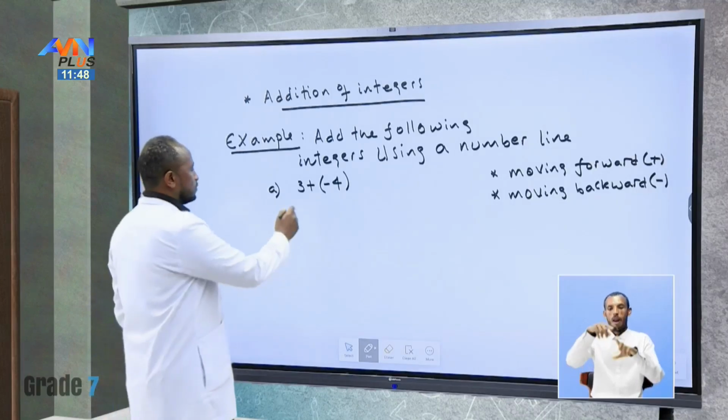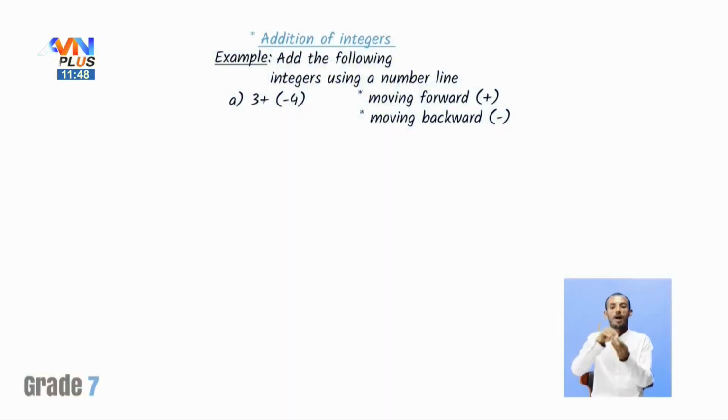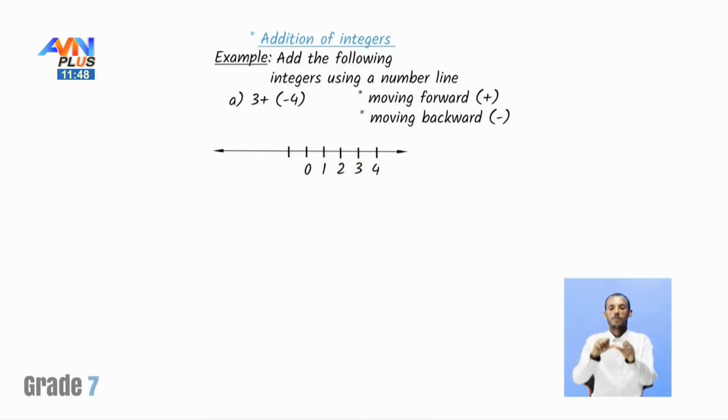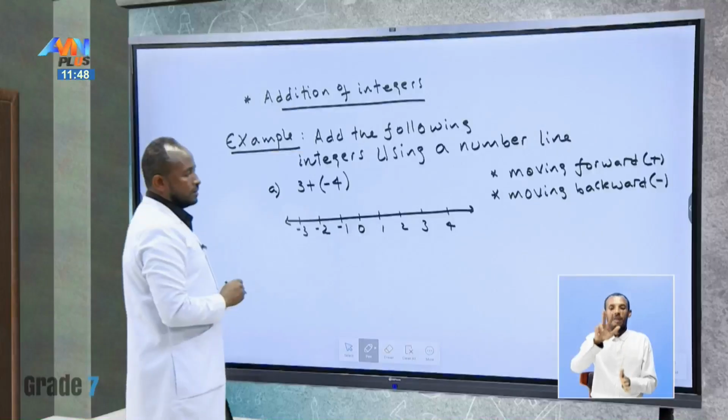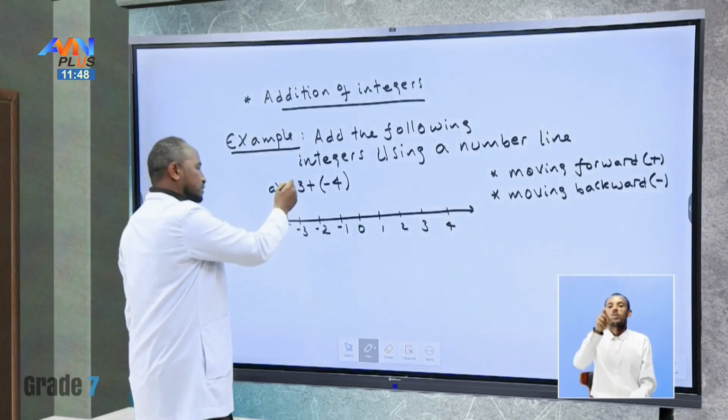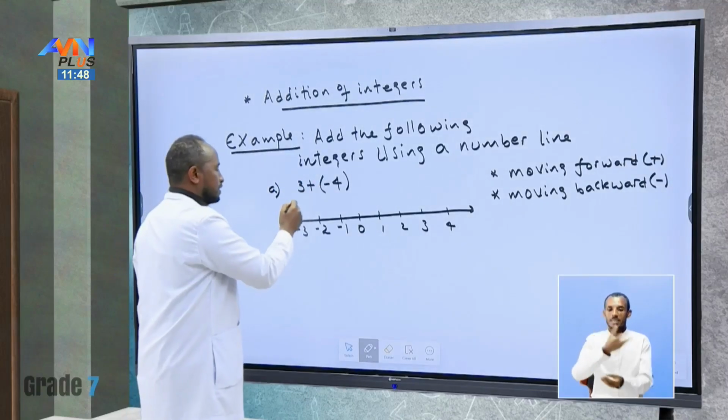Okay, so to add these two numbers, draw a number line and label the numbers 0, 1, 2, 3, 4, and it goes on like this to the side. And to the left, you have -1, -2, -3, and so on. So here, the question is 3 plus -4.